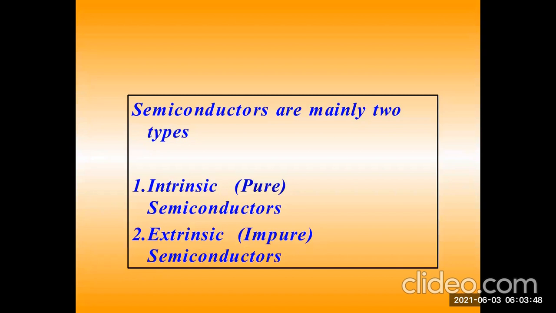Now we'll just start our main topic of the semiconductors. There are two types of semiconductors: intrinsic semiconductor, also known as pure semiconductor, and also extrinsic semiconductor.